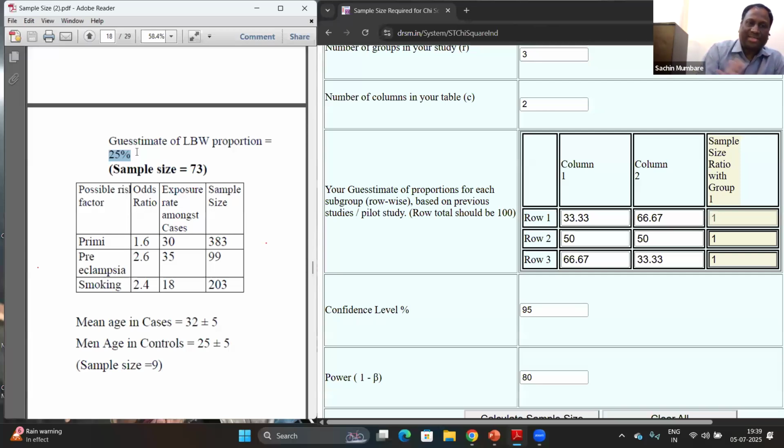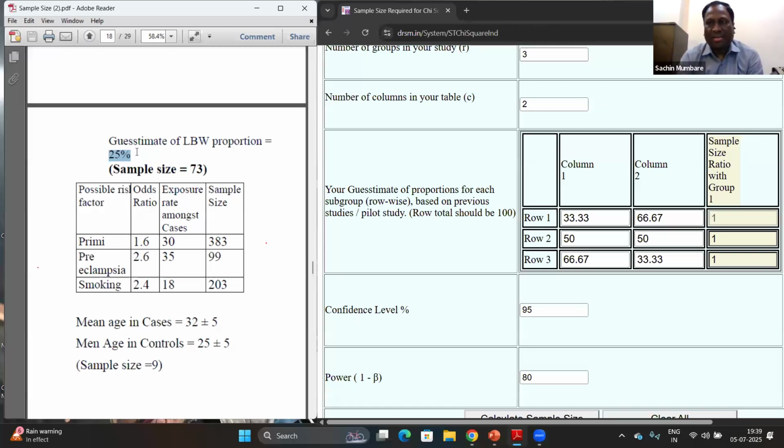And the last sample size is 9 and 9. Up to this, it is clear? Yes, sir. Now, which one will you choose amongst these? The highest one. Highest one is which? 383. So you must have 383 and 383 in your study.